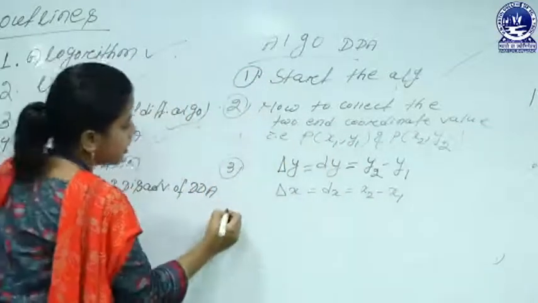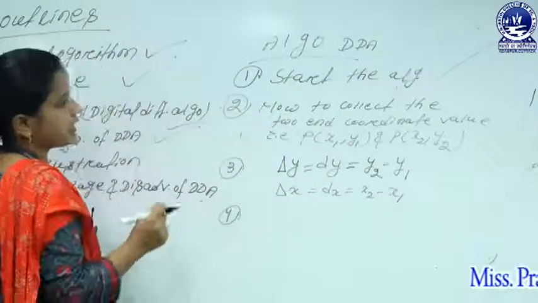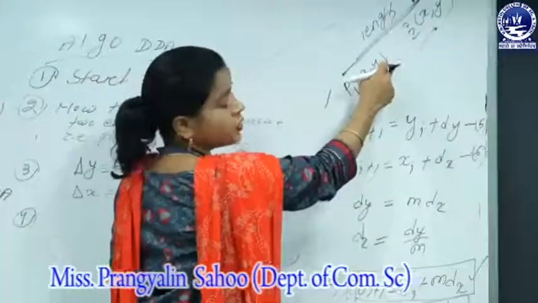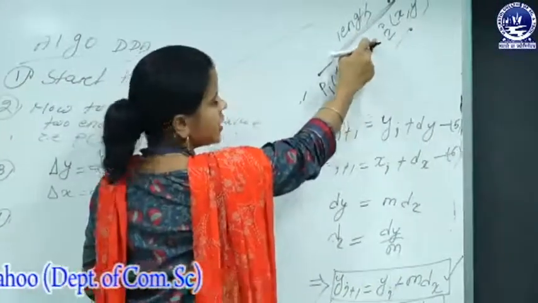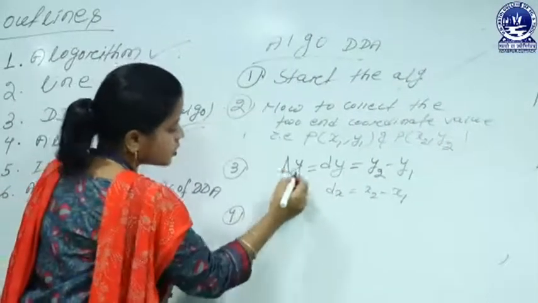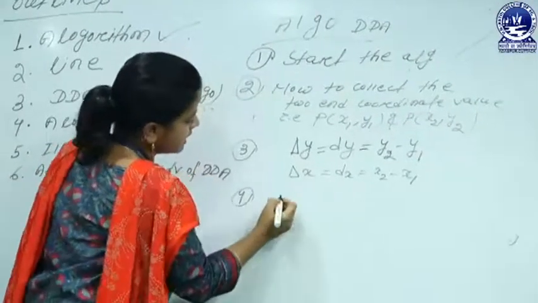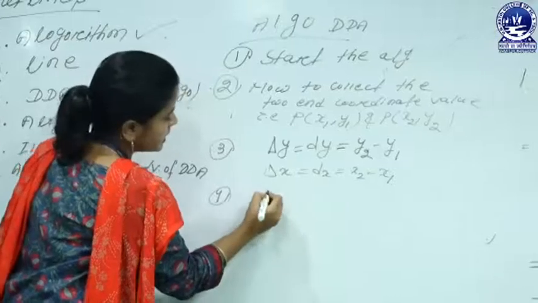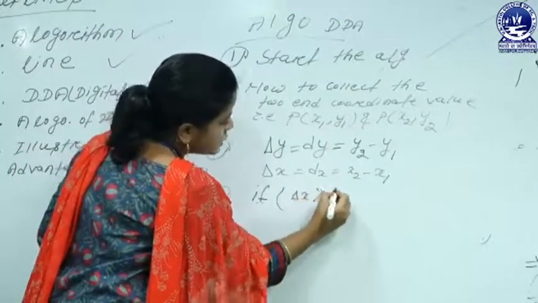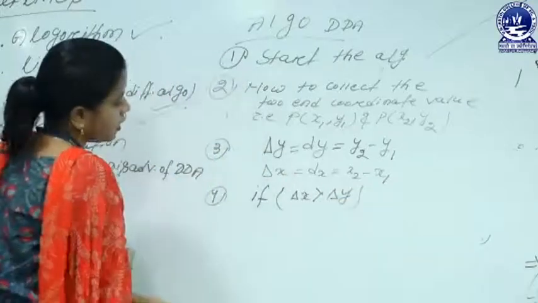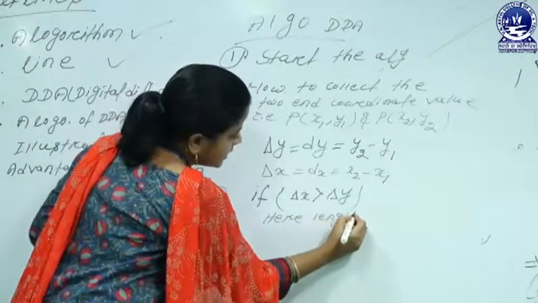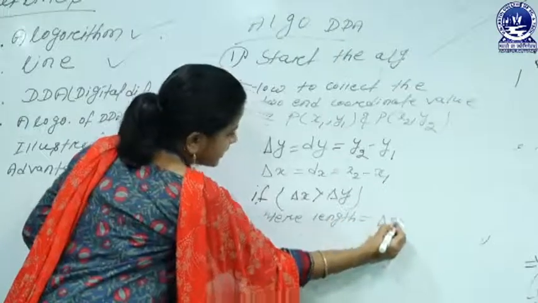And on the fourth step, now check the length of the lines. As we know, in case of a line, it only specifies the length. So what is the length value of the given line? The length is calculated by using the constraint: if delta x is greater than delta y, here the length is delta x.